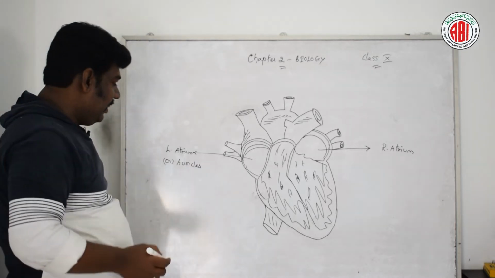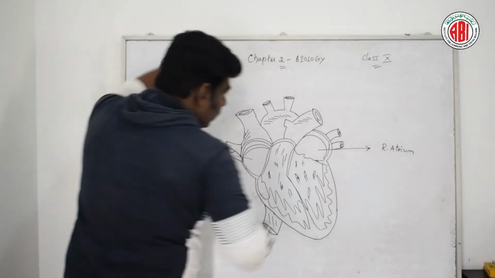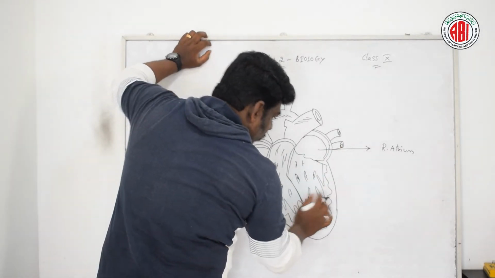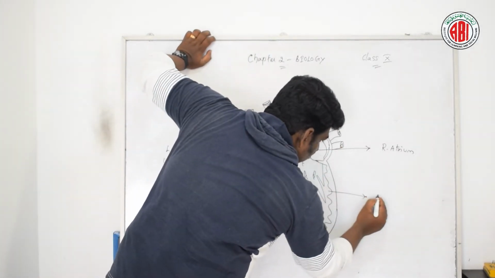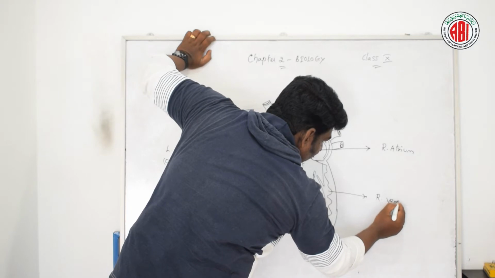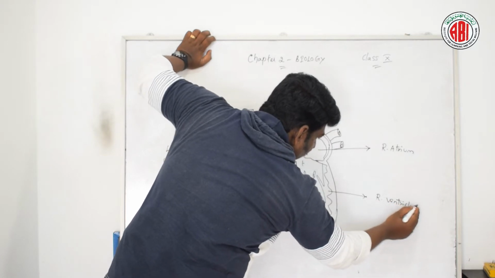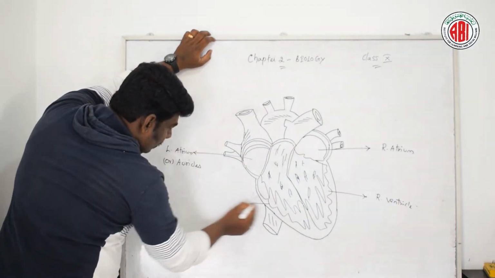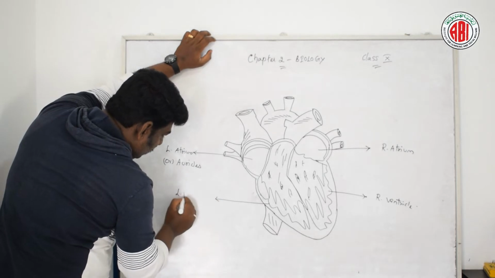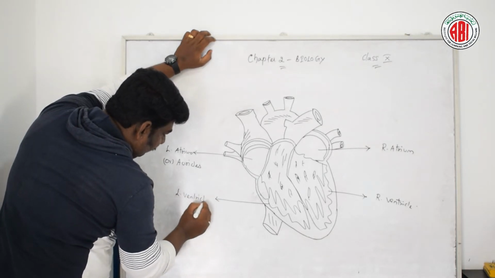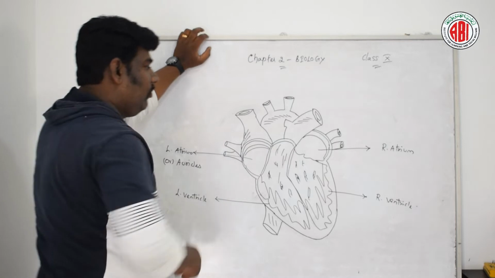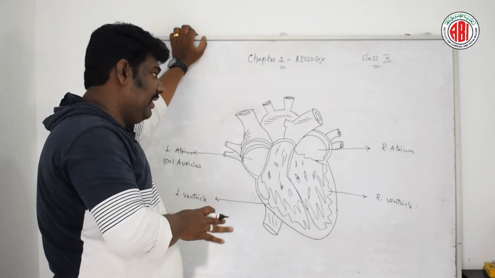So atrium or auricle. Now next, in the lower part there are 2 chambers. One is called the right ventricle, and this is the left ventricle. Okay, so 4 chambers done.